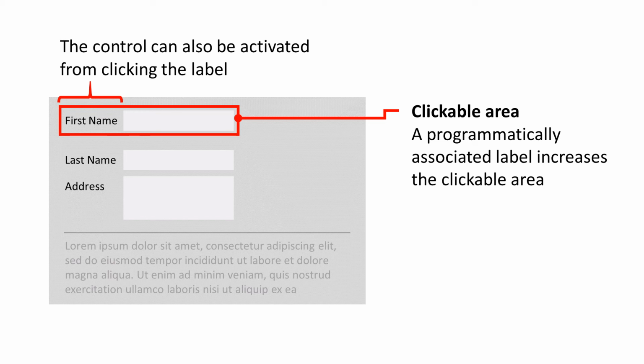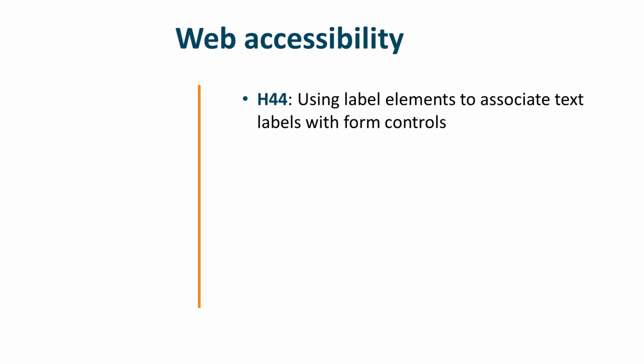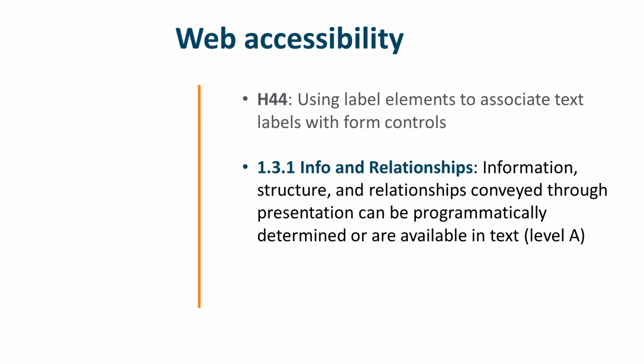Using programmatically associated labels with form controls satisfies the HTML-specific technique H44, using label elements to associate text labels with form controls, which means this has passed Success Criterion 1.3.1, Info and Relationships: information, structure, and relationships conveyed through presentation can be programmatically determined or are available in text, at level A.